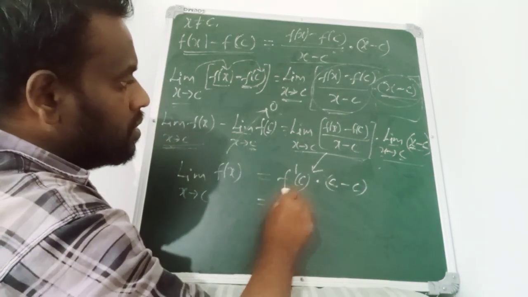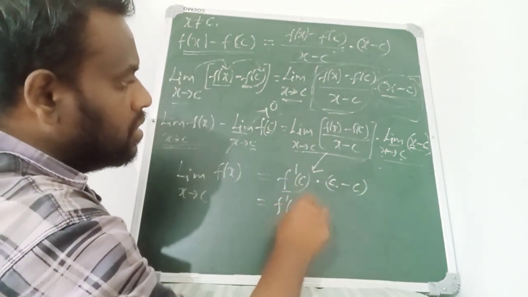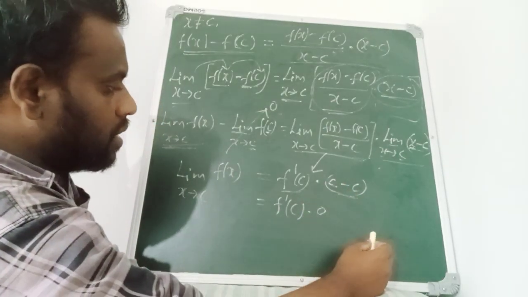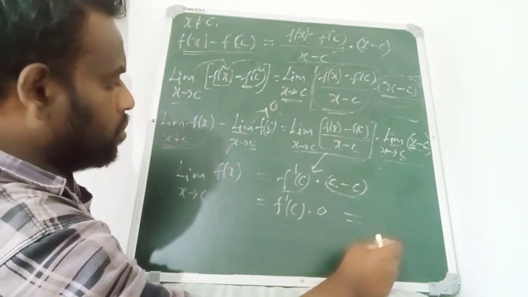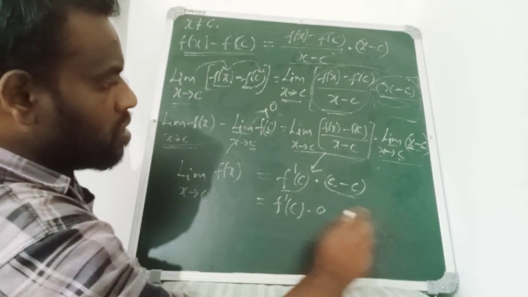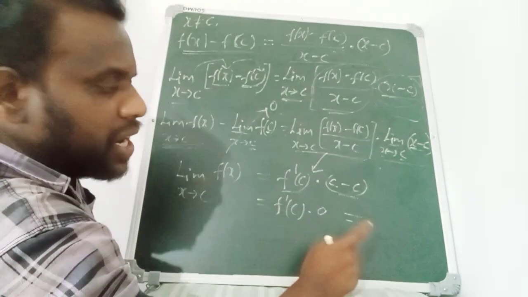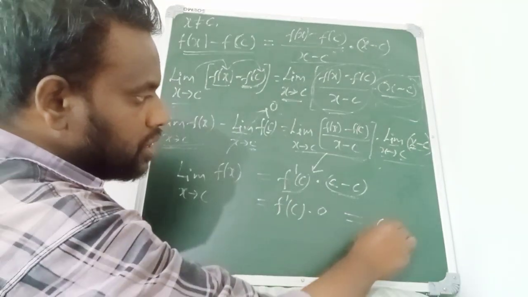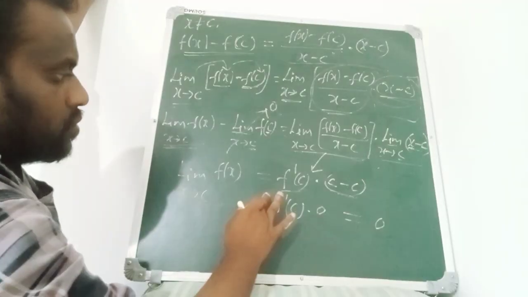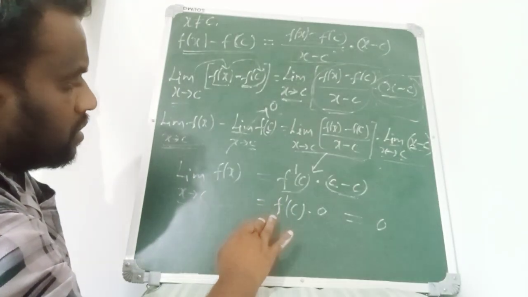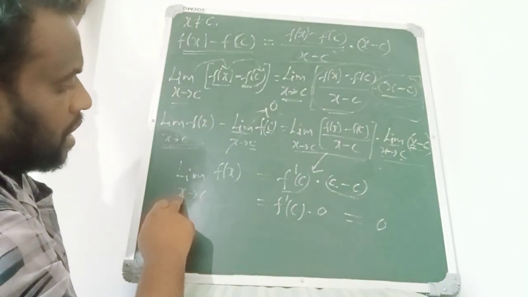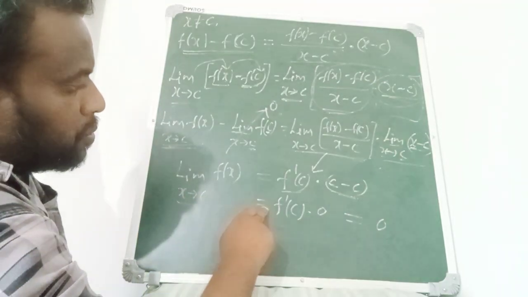Now next step, write this f dash of c into c minus c, which is 0. Correct. Now that is equal to, so anything multiplied with 0 will give 0 only. So we got this. The equal sign should be here, because this is limit x tends to c; at x tends to c you should not put an equal sign.